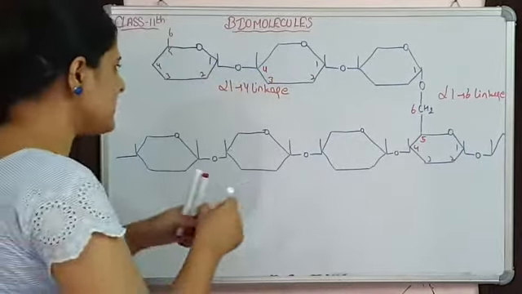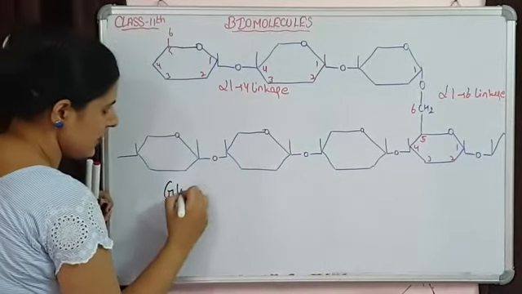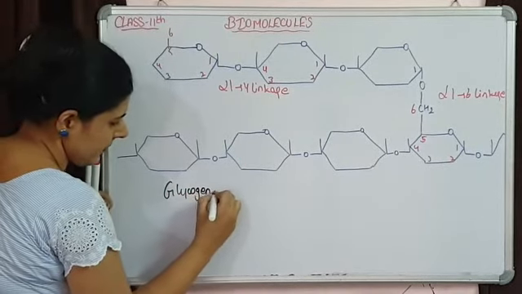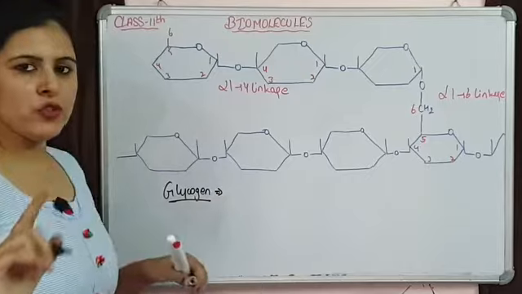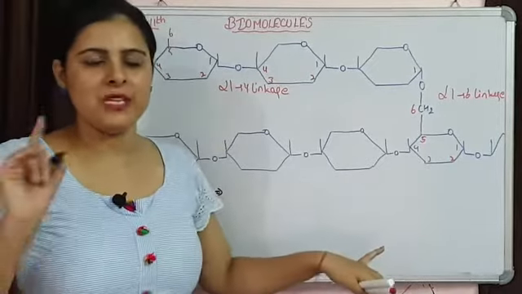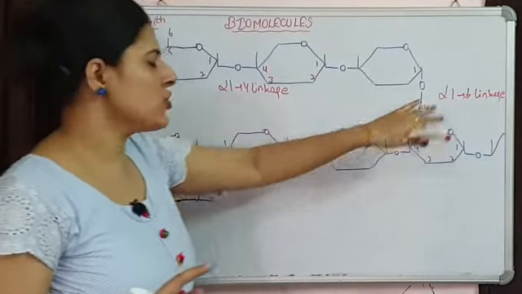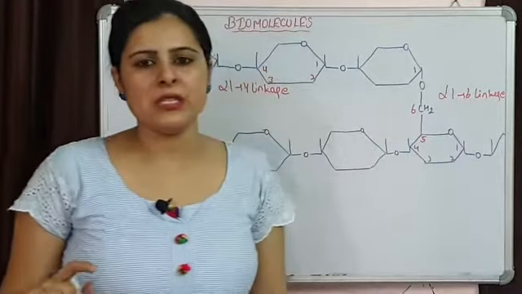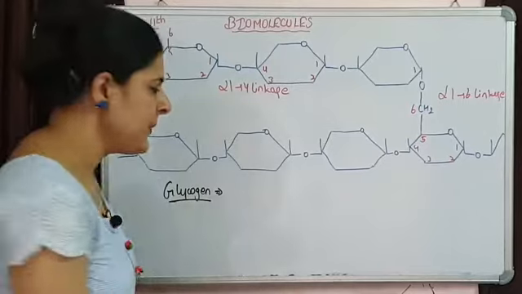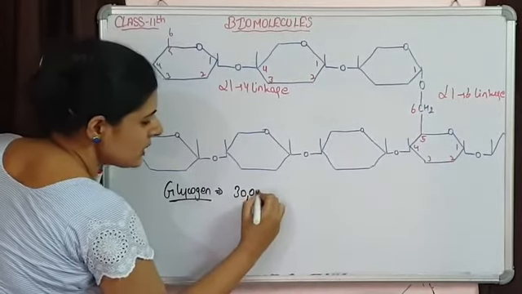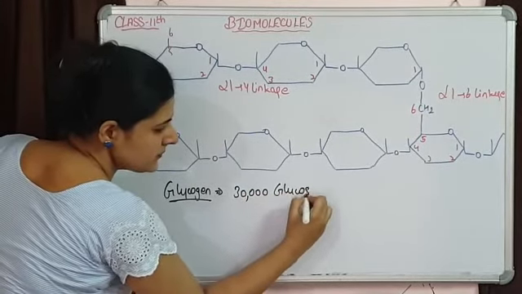Now if we understand glycogen with the same structure, glycogen also has the same structure, meaning the straight chains have alpha 1,4 linkage and the branch chains have alpha 1,6 linkage. Almost 30,000 glucose units are there.